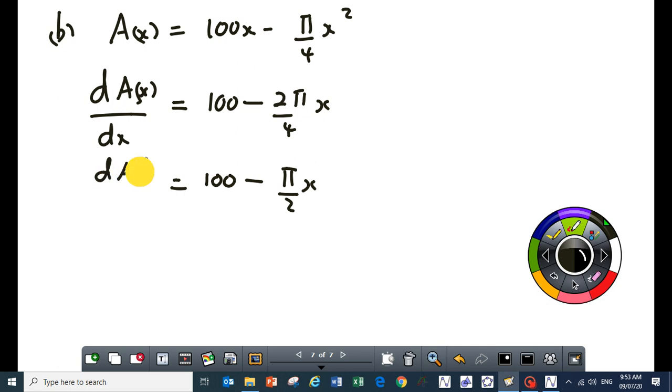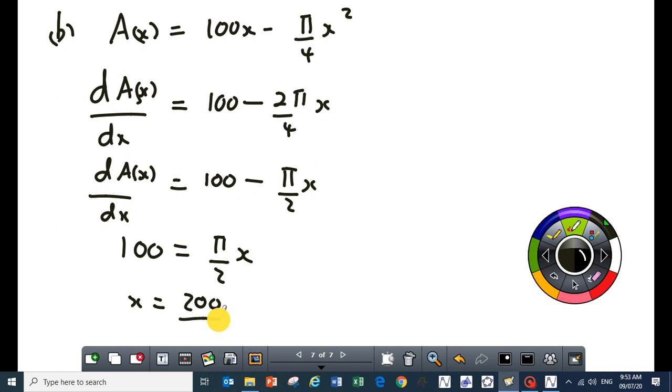So that's my dA of x over dx. Then I need to equate that to 0, so it will be 100 equals pi over 2 x. Because of my time I'm rushing. So that gives me 200, so you get x equal to 200 over pi. That's the value of x.